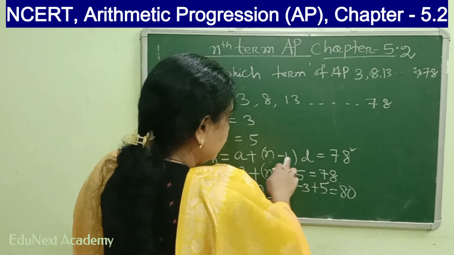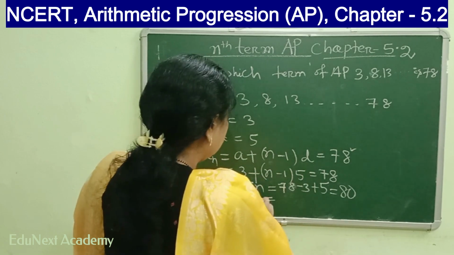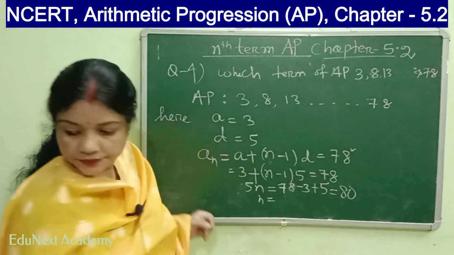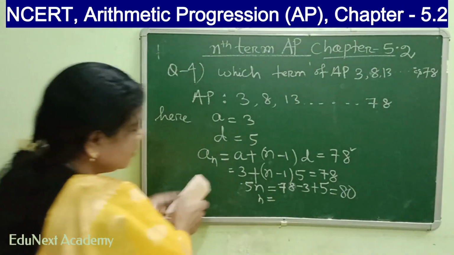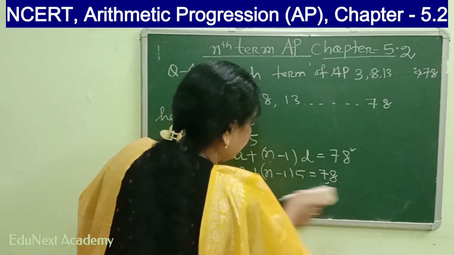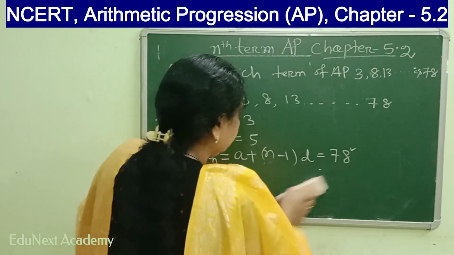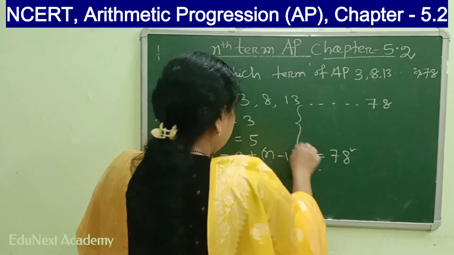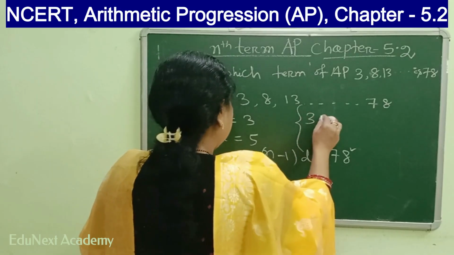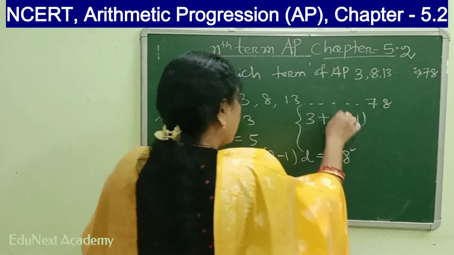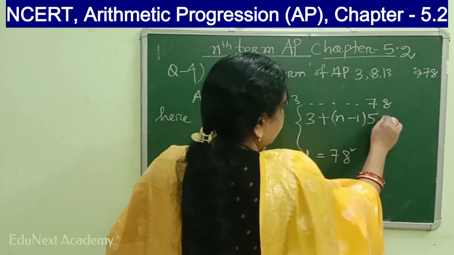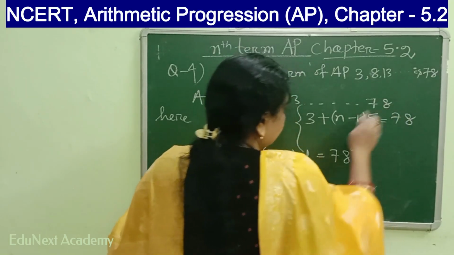Now see, here a is 3 plus (n minus 1) into 5 is equal to 78.